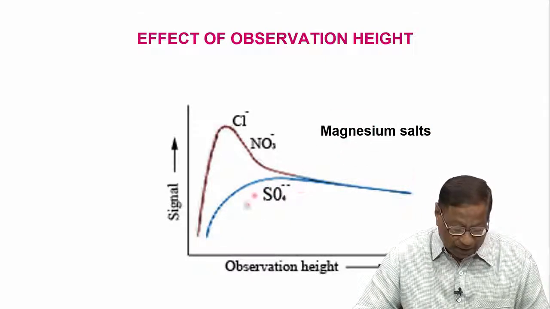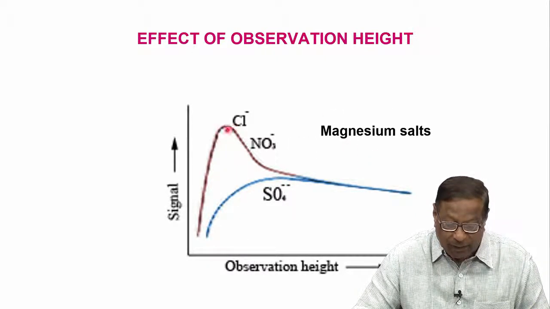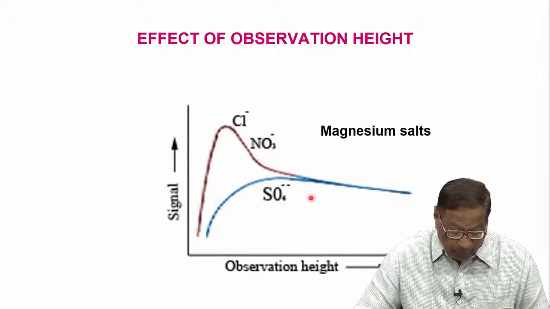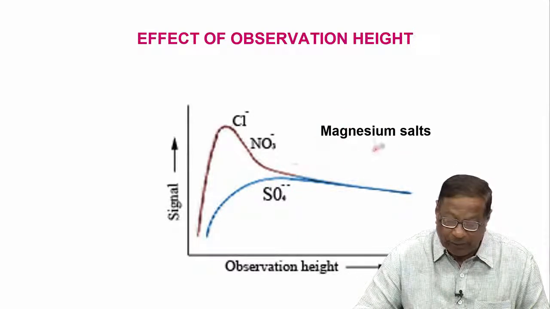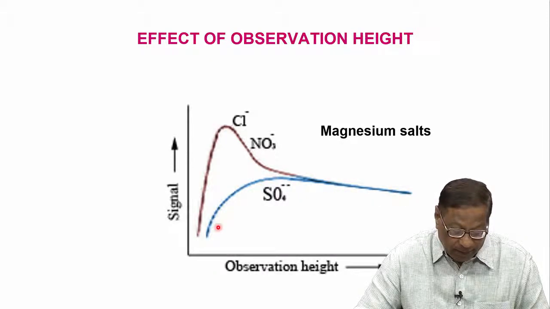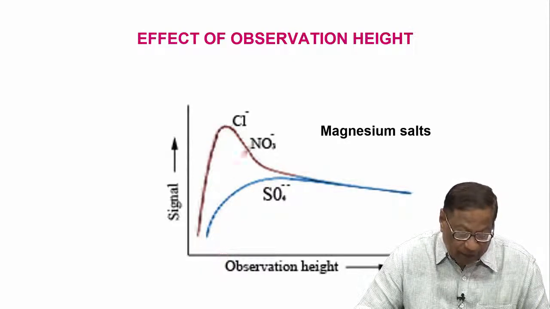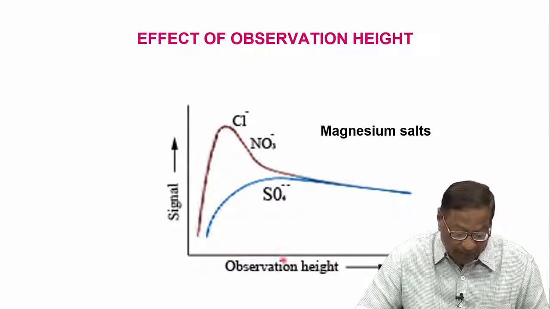What we have done in this experiment is we have taken magnesium sulphate, magnesium nitrate and magnesium chloride, but we have increased the observation height whenever the solution contains sulphate. So, we take magnesium sulphate and aspirate, I get a response figure like this. Okay. Whereas, if I take magnesium chloride or nitrate, the response is still higher, but the observation height is smaller. See, observation height increases like this.